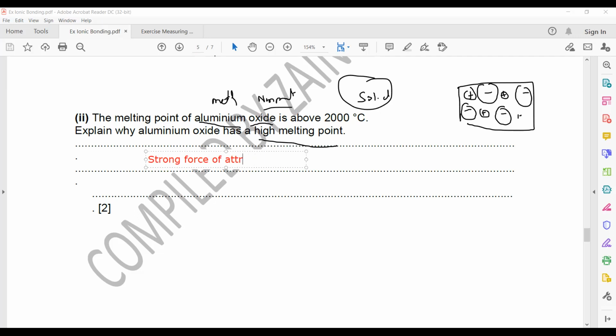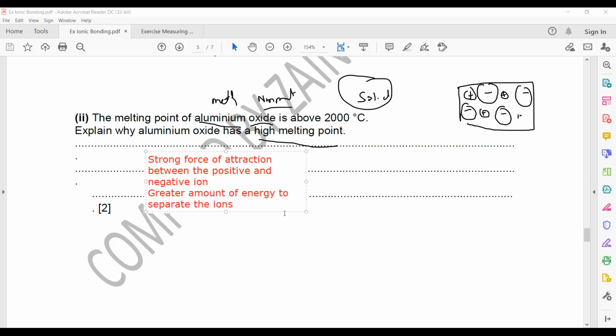a strong force of attraction between the ions, and we need a greater amount of energy to separate the ions from each other.